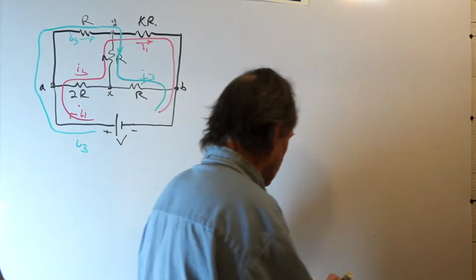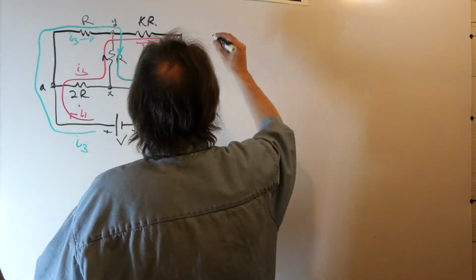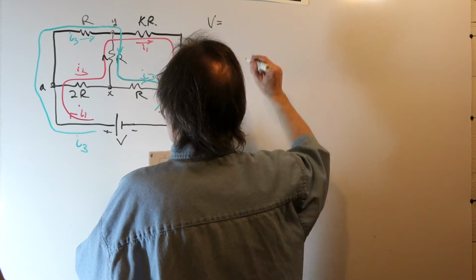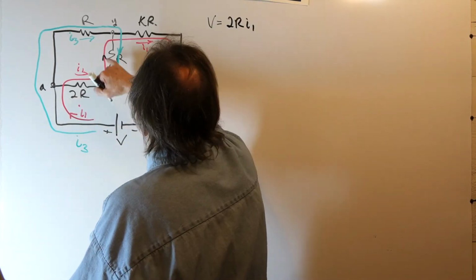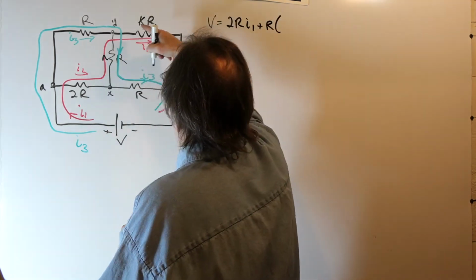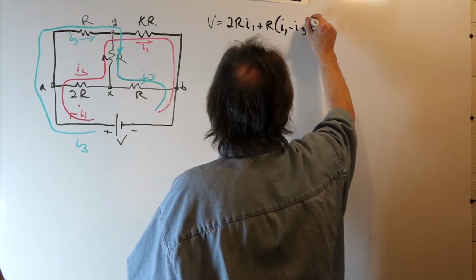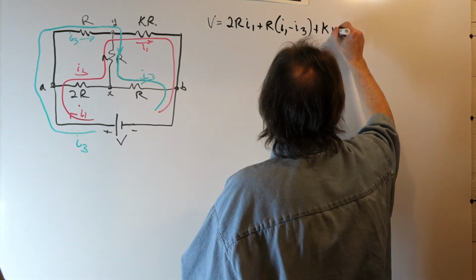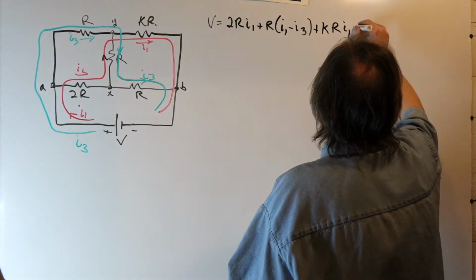Going to write Kirchhoff's voltage law first on the red loop. So the voltage V is equal to 2R I1 flowing through here, plus the bridge resistor has current I1 minus I3, and the upper right resistor has KR I1. Let's gather like terms.